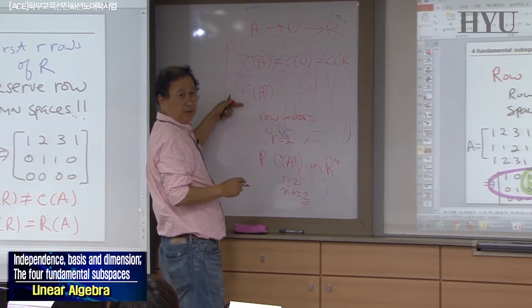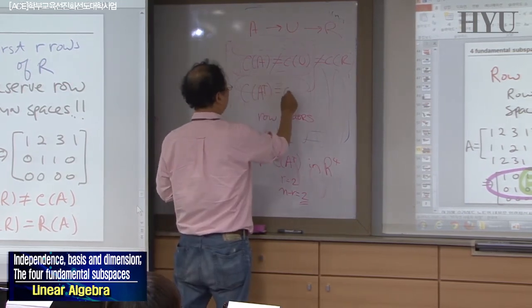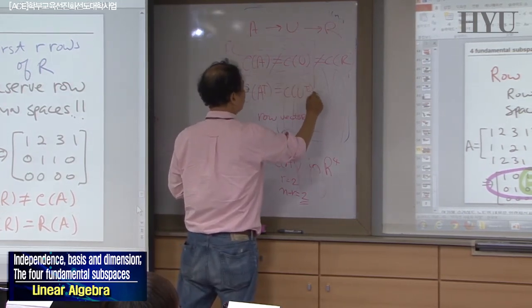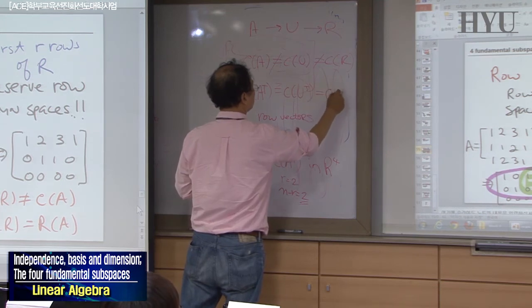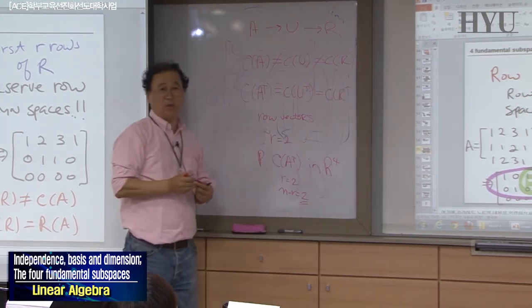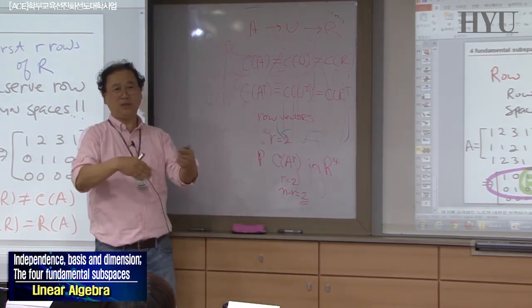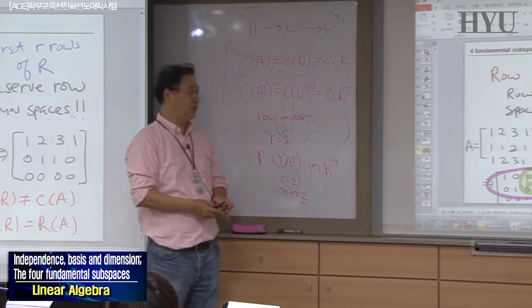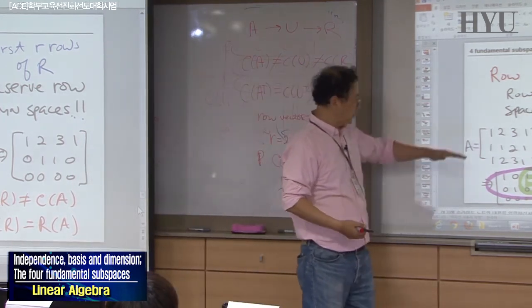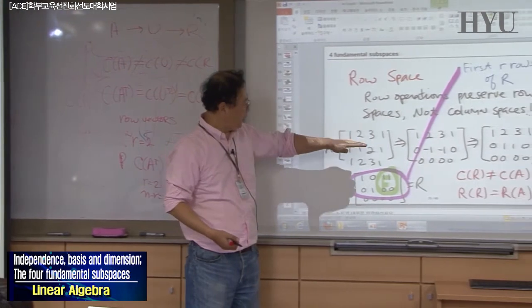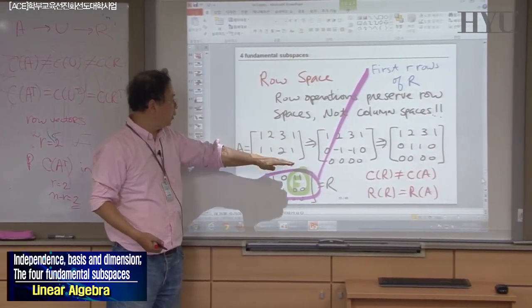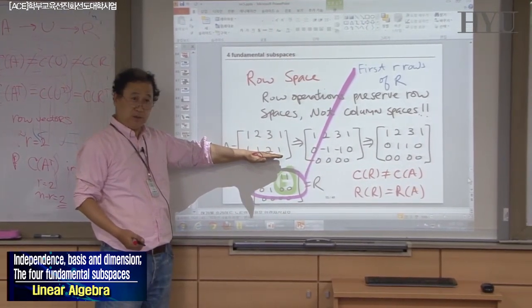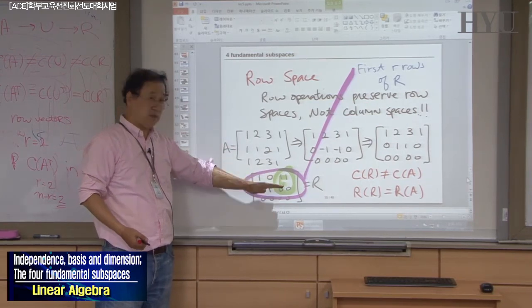But the row space, right? When you have a linear row operation, it actually doesn't change. So in this case, a basis vector of A is 1, 2, 3, 1. And 1, 1, 2, 1 is also a basis vector, indicating the same space.